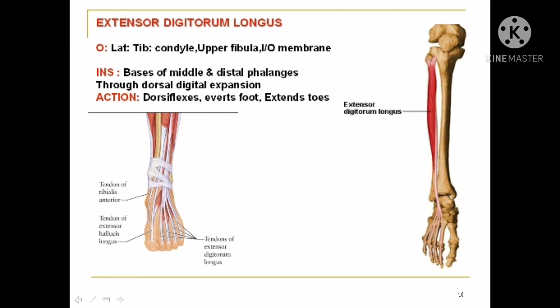The extensor digitorum longus muscle arises from lateral tibial condyle, upper fibula, and the adjacent interosseous membrane.